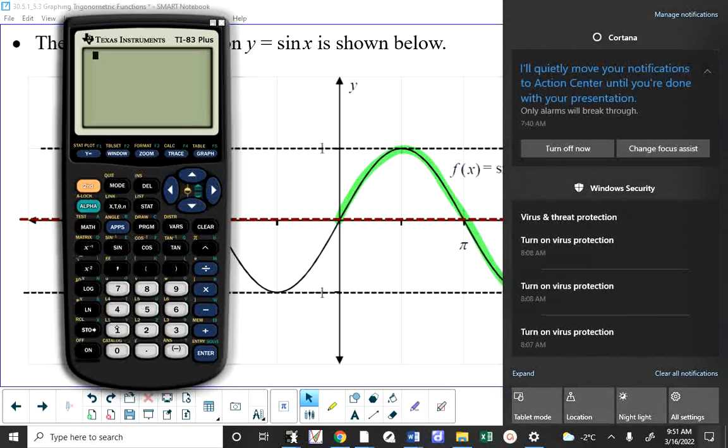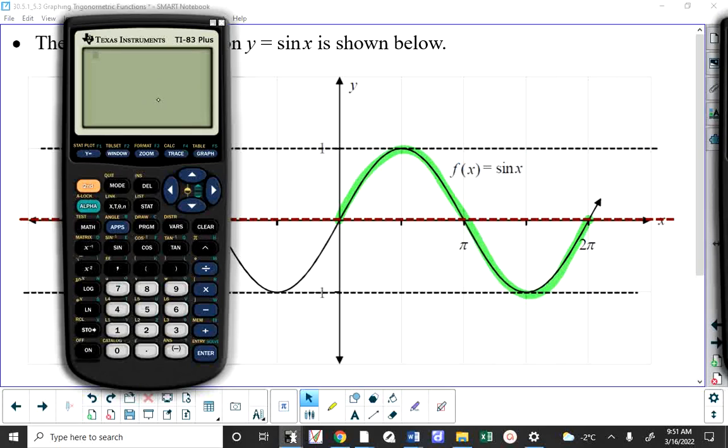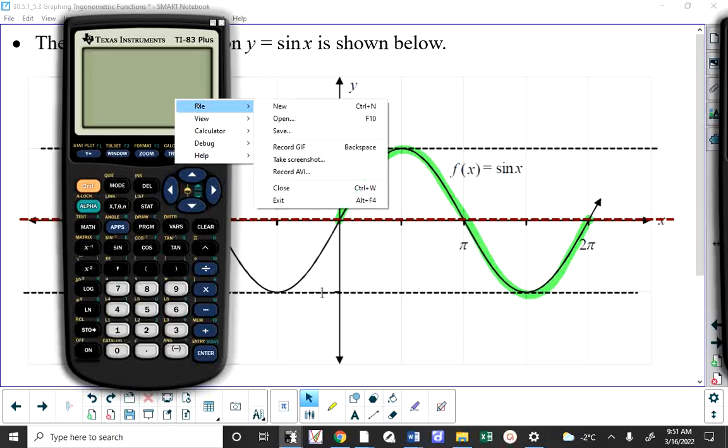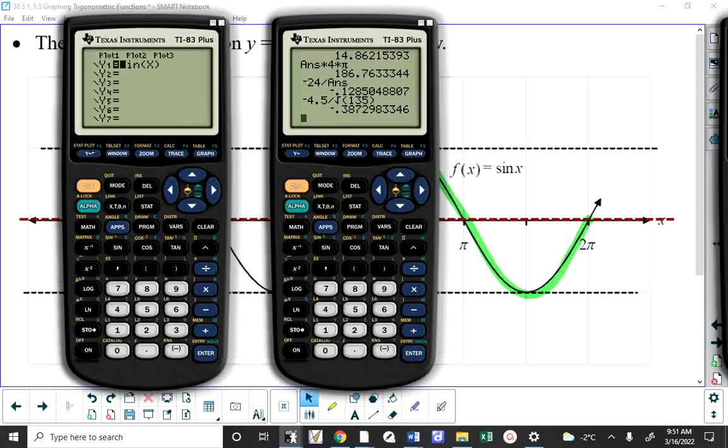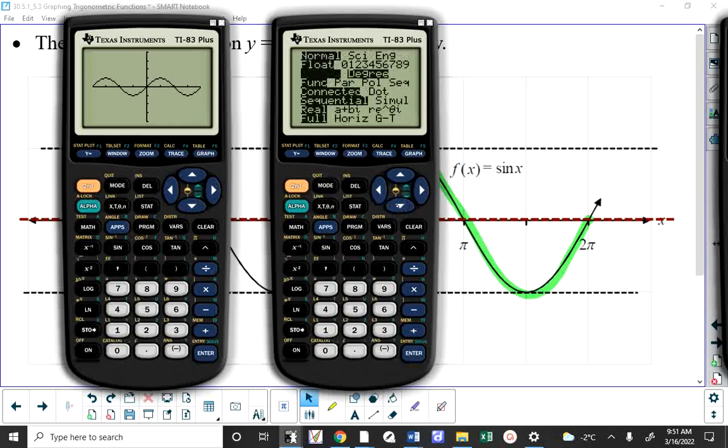No, I can't. So I put in y equals sine x, and I happen to have been in degrees, but when I went zoom trig, it looks like that. If I repeated the process, but I happened to be in radians, and I go zoom trig, it's the same graph.